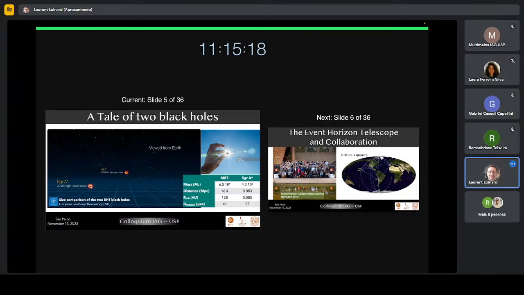This is about the size. So this is the difficulty of making these images: getting an image that has enough resolution to see a single atom at 1 meter.